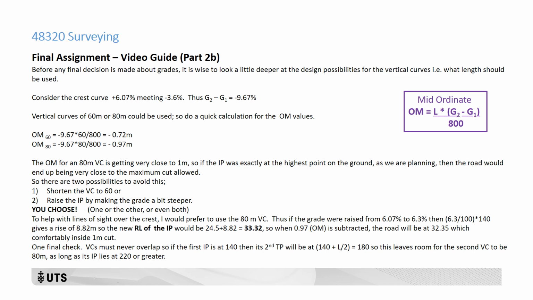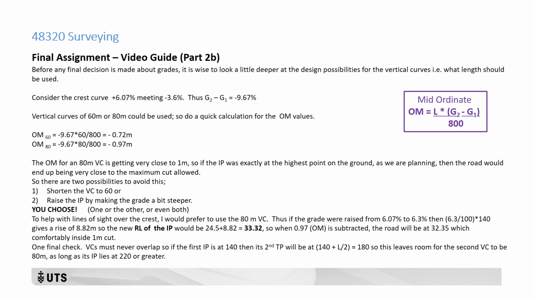So remember that the OM is the distance the road is below the intersection point. 0.97 is getting very close to 1 metre. We'd aimed our first IP at being exactly at the highest point on the ground, so then our road's going to become very close to being down at the level of the maximum cut allowed.